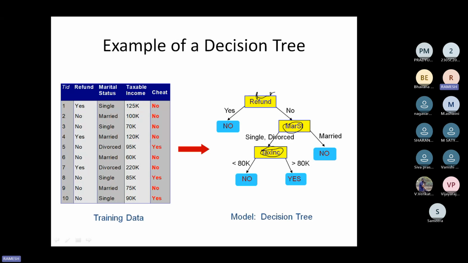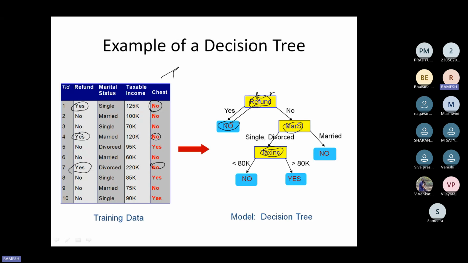See here, if refund is taken as the root node, when refund is yes, we directly give the output leaf node, that is no. Look at refund yes and cheat no, refund yes and cheat no. So here it is directly proportional. When refund is yes, the target output is no, he is not going to cheat at all.